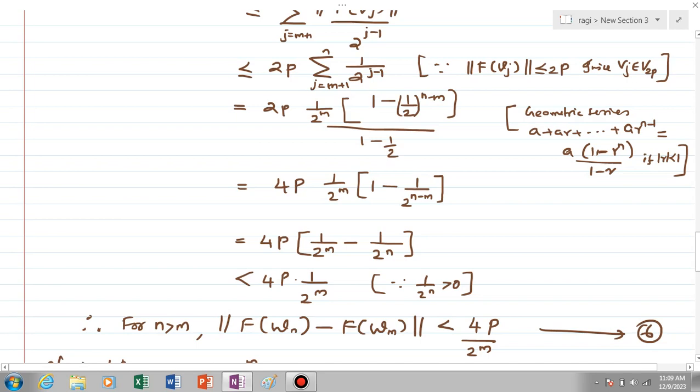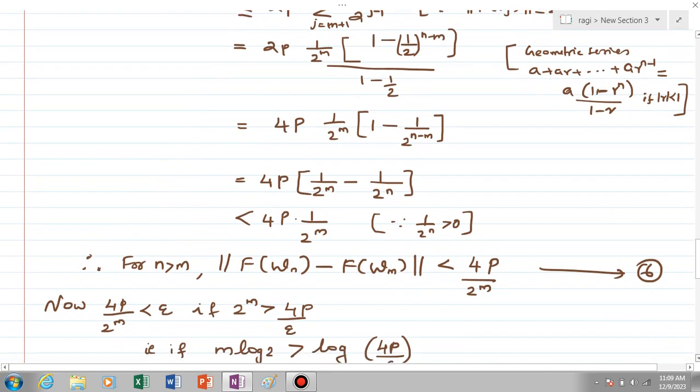So this is equal to 4p into 1 by 2 raised to m minus 1 by 2 raised to n, which is less than 4p into 1 by 2 raised to m, since the term 1 by 2 raised to n is clearly positive. So for n greater than m, norm of F of Wn minus F of Wm is less than 4p by 2 raised to m.